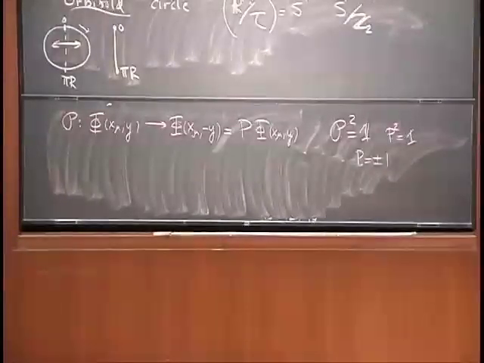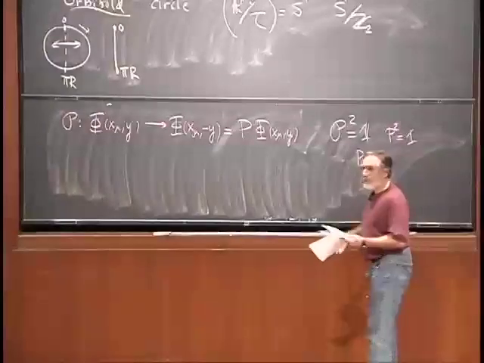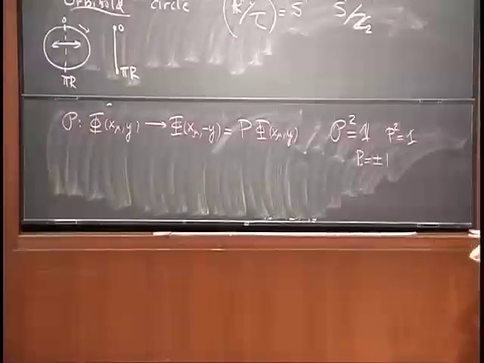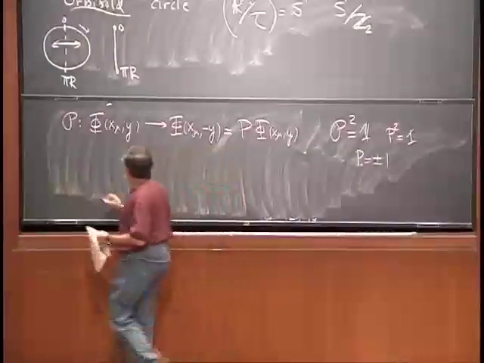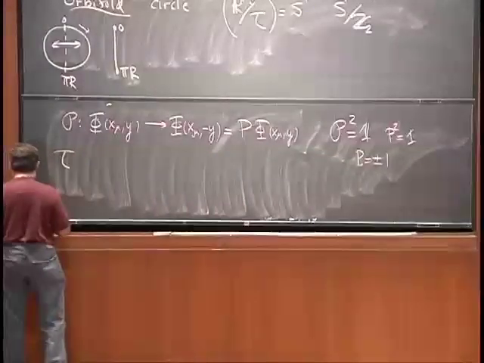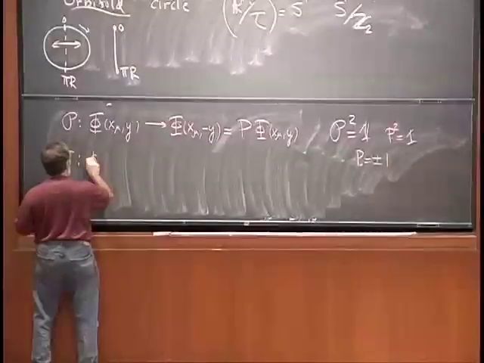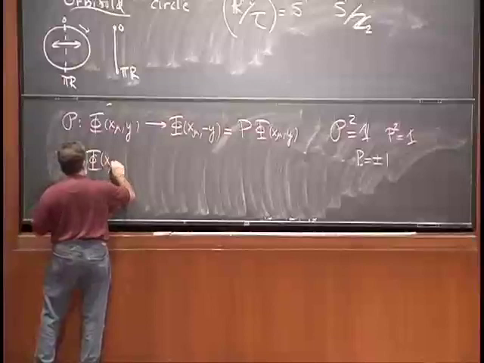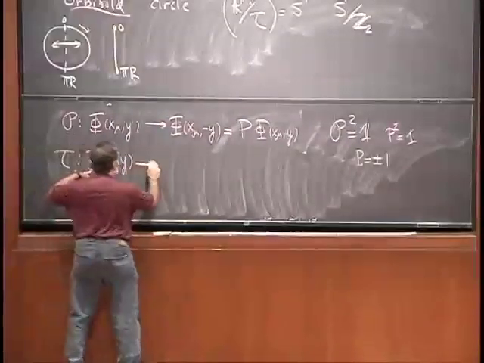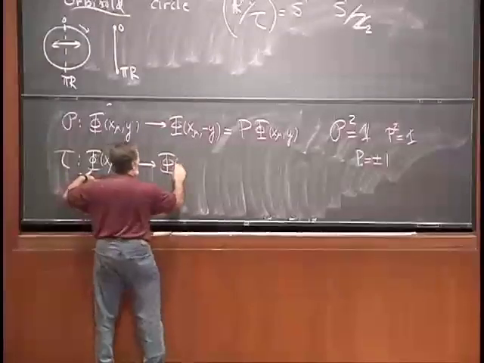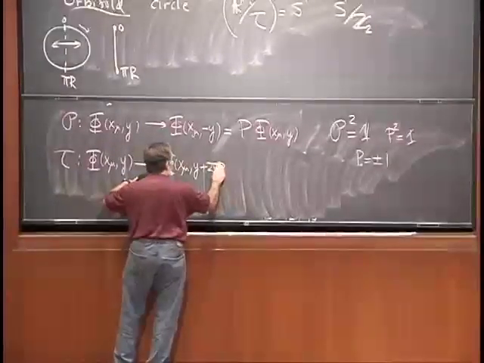Just like we chose for the fermion before, we had plus or minus 1 for the different left or right movers. Similarly, for the translations, acting on phi x mu and y, this will take us into phi of x mu and y plus 2 pi r.